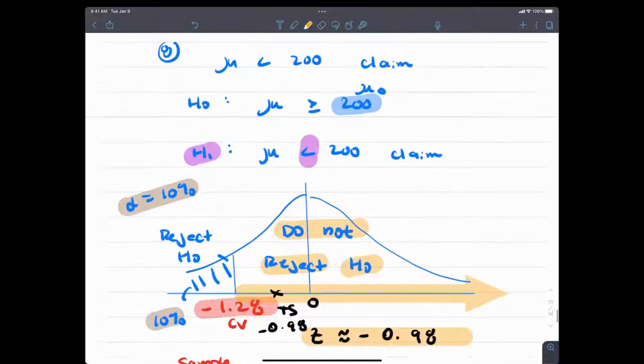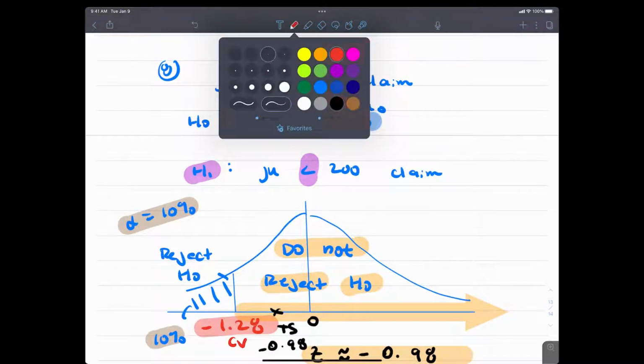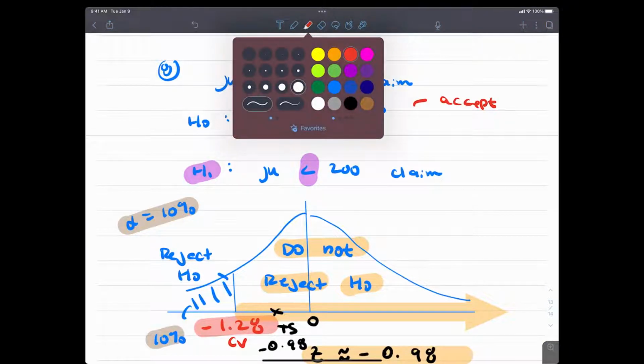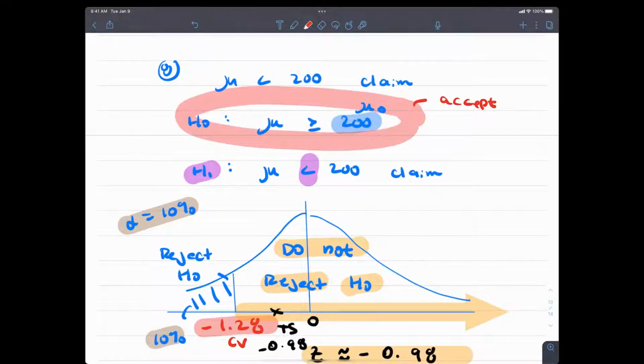If you're not going to reject the null, remember this is the null. We're not rejecting that null. If you're not going to reject the null, you are accepting the null. I think we were traditionally using highlighters here. Let's see if it helps. Now, the real question is this: because we're going to accept the statement that the mean is at least 200 pounds, remember what your claim was.